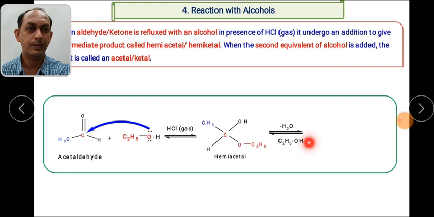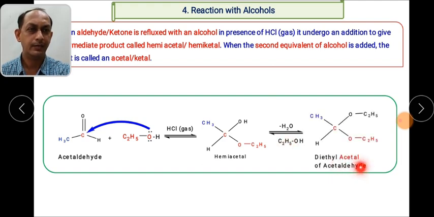So this group will again get added to a second molecule of ethyl alcohol and they will form this diethyl acetal. So this carbon has 2 ethoxy groups, this one from the first molecule and this from the second, with the help of color coding. So this is a diethyl acetal which is prepared from the acetaldehyde.